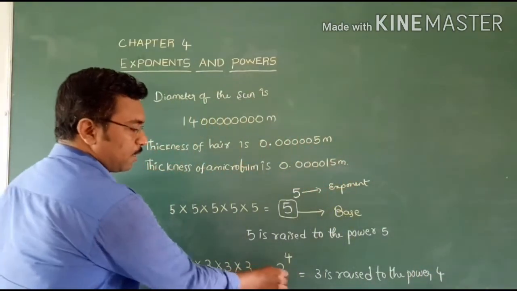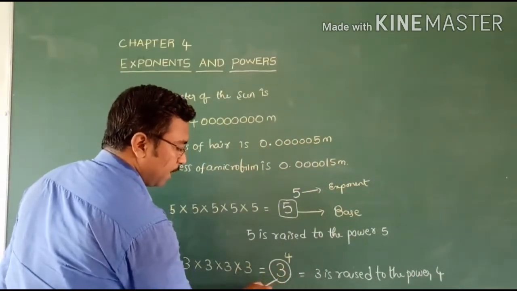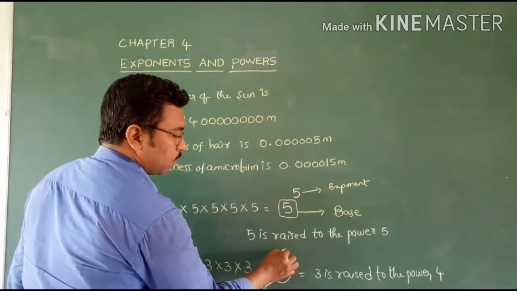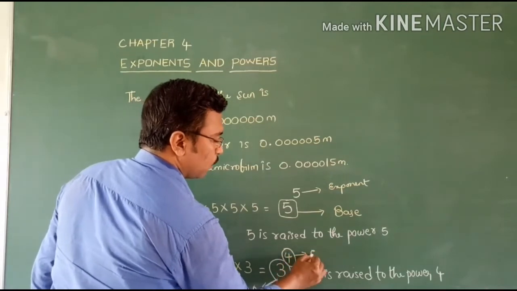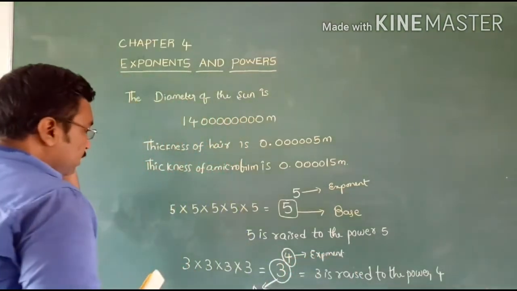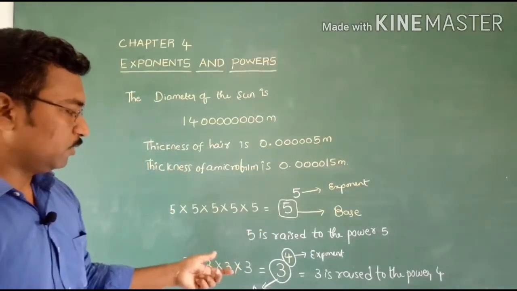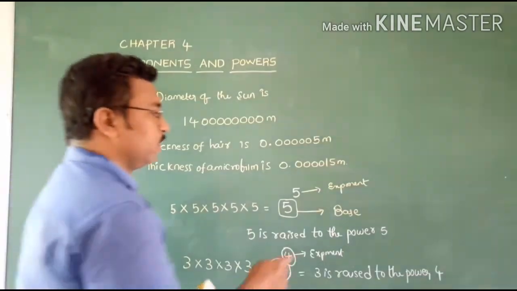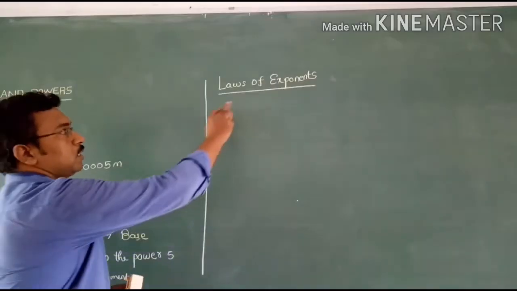What is the base here? 3 is the base. What is the 4 here? 4 is the exponent. So, this is the basic idea of what the base and exponent are. Now we will see the laws of exponents.